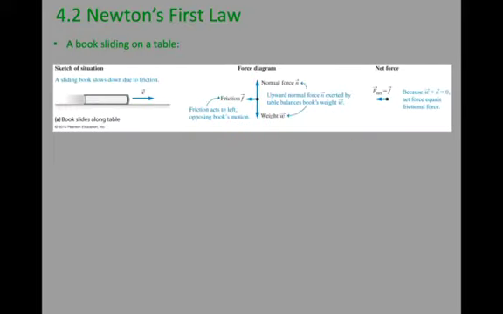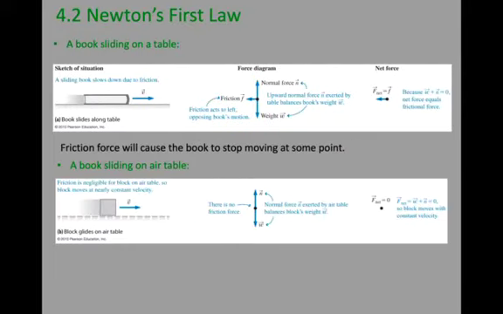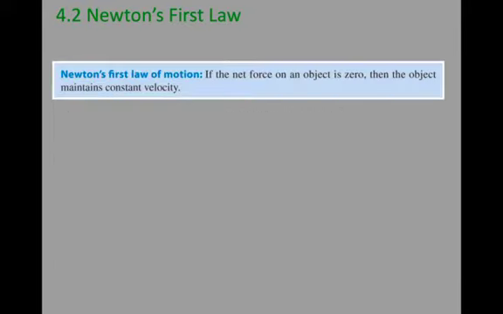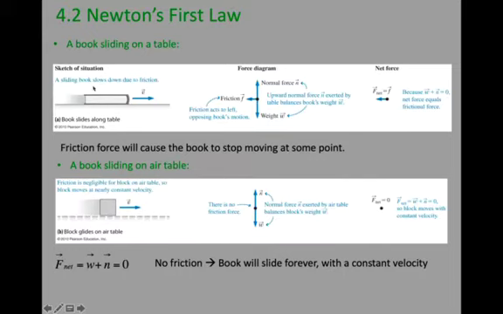Okay, let's talk a bit more about these forces. This is the example that we have. This is very similar to what I have just mentioned. But look, in this case you have a book, and the book is moving to the right.